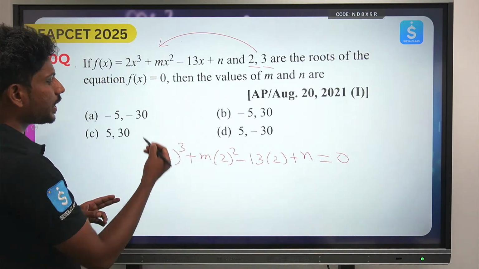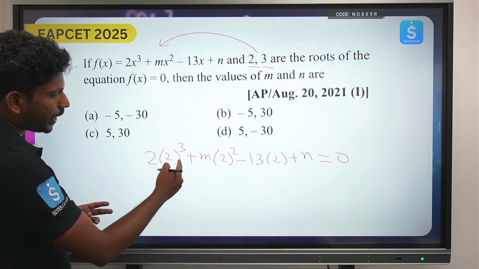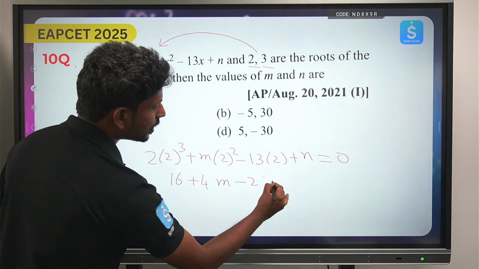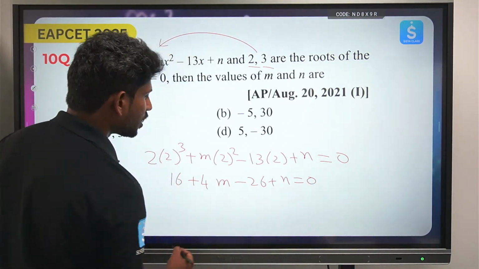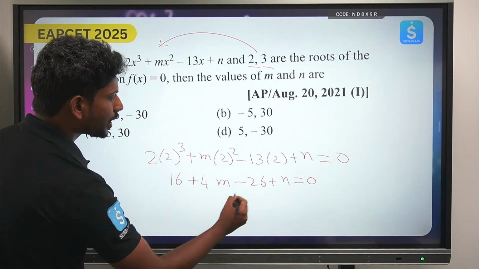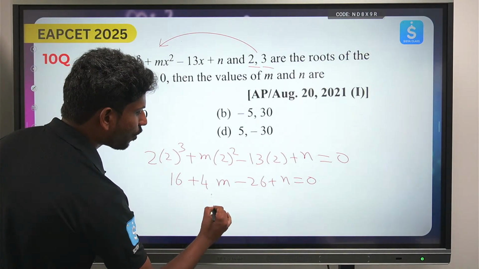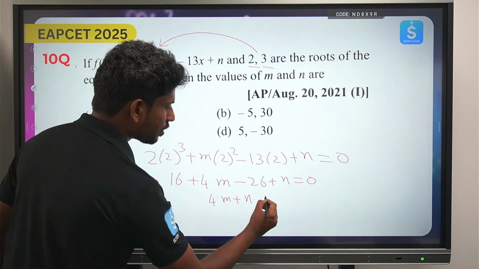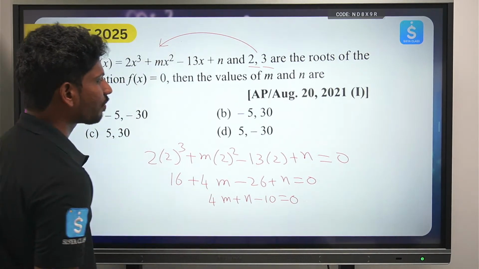So this, if you equate, 2 into 8 is 16, plus 4m minus 26 plus n equals to 0. So from here we have 16 minus 26 is minus 10, so 4m plus n minus 10 equals to 0. This is the first equation I have.